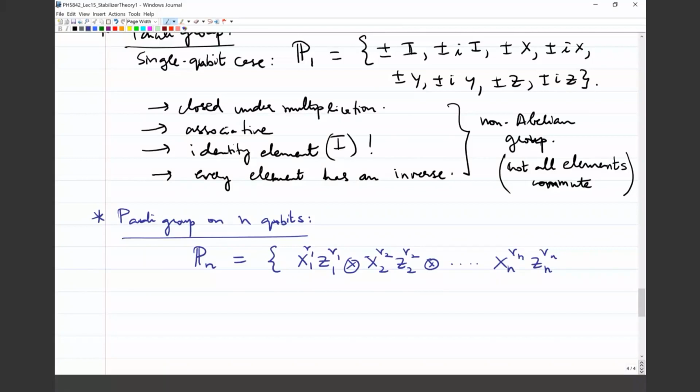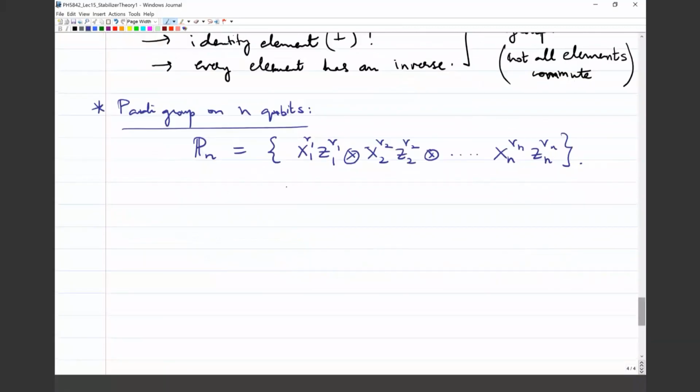What do I mean by this? What are R1 and R2? Oops, sorry, I want to say S, R and S. R1, S1, R2, S2, Rn, Sn. Okay, so each Ri and Si can be either 0 or 1, right? And I hope you see that this is a way of writing down a general n-qubit Pauli operator.